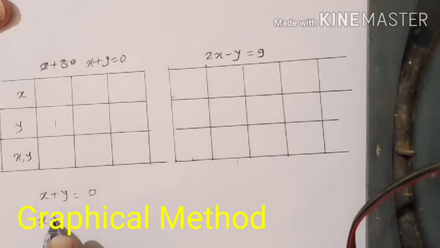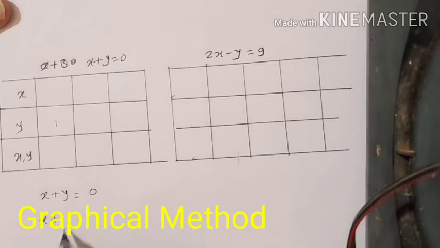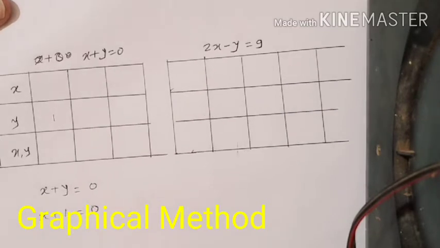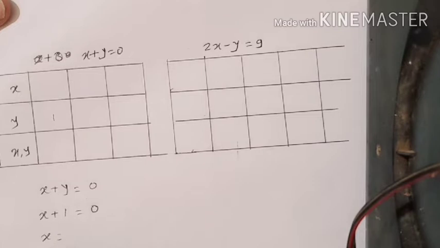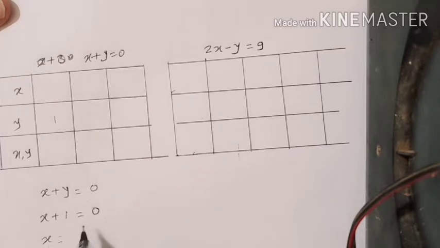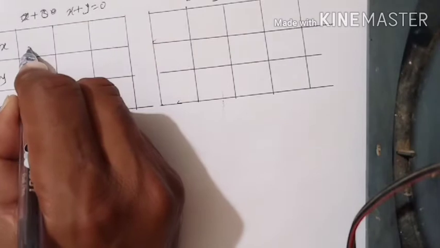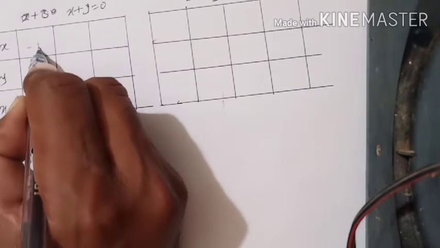That is x plus the value of y, we have substituted 1, is equal to 0. Therefore, x is equal to this plus 1 becomes minus 1. Now the value of x becomes minus 1. Therefore, I will write here minus 1, and the coordinates are (-1, 1).